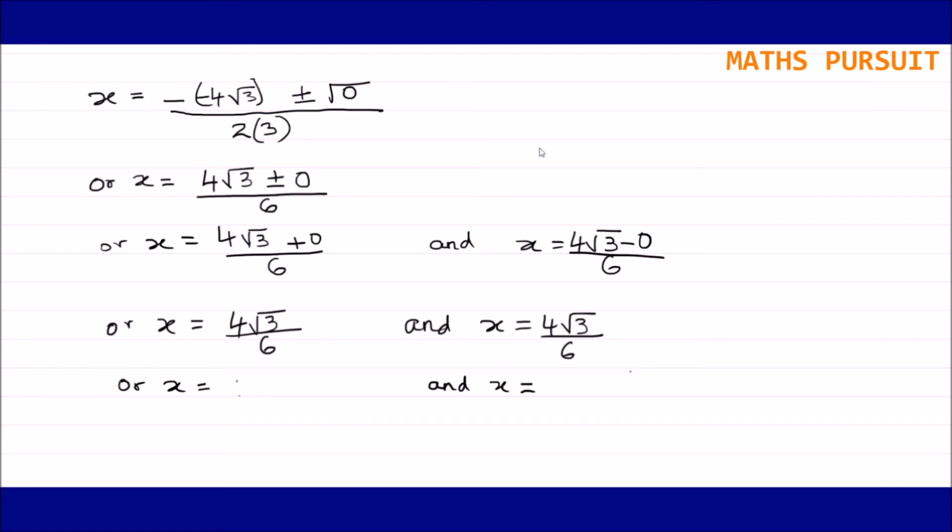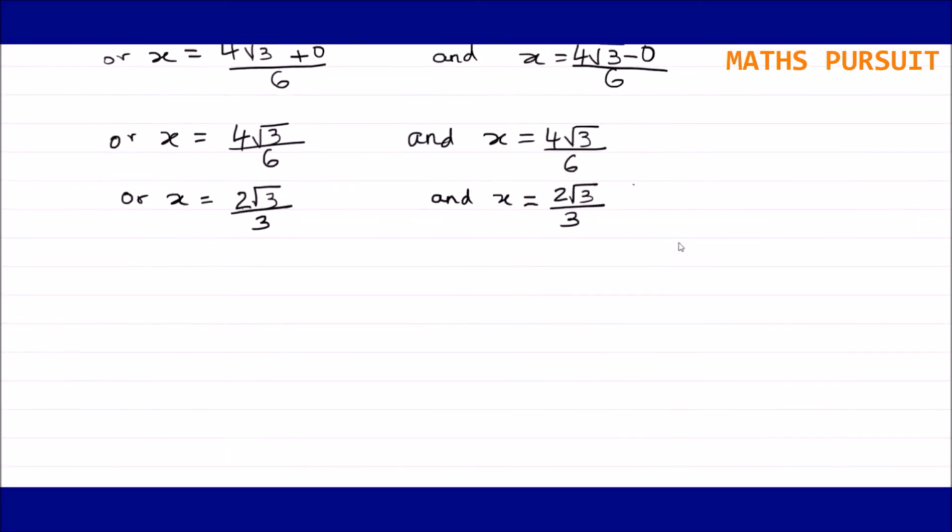So I can write this one is 2 root 3 upon 3, because 2 2s are 4, 2 3s are 6, and this one will also be 2 root 3 upon 3. Or I can write the same thing, I can further solve this.